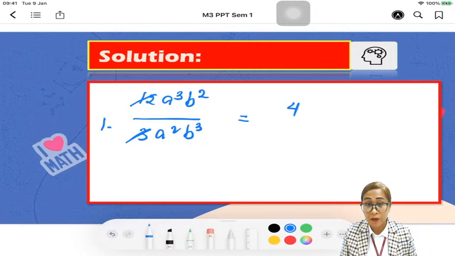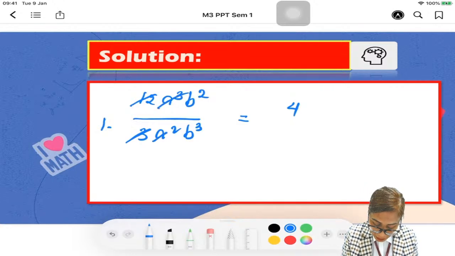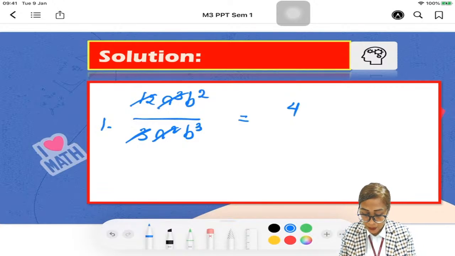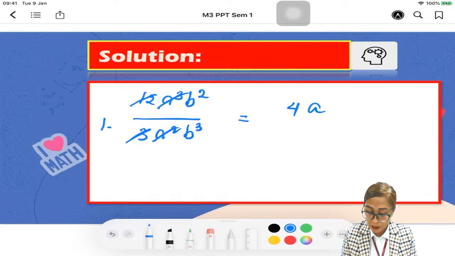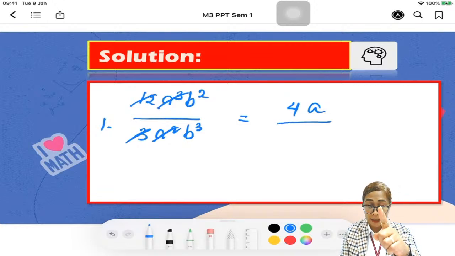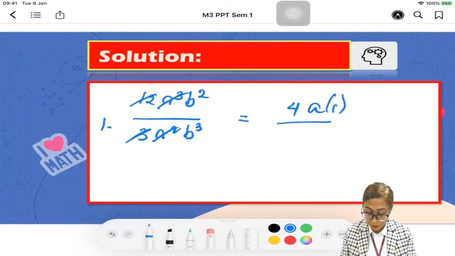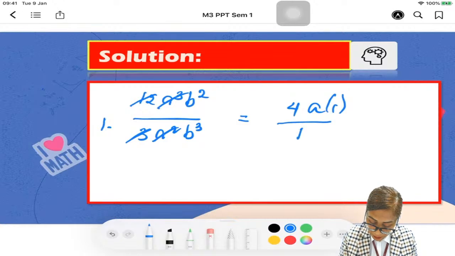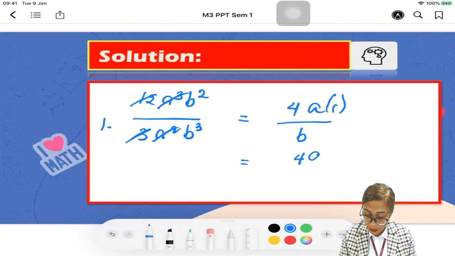If you answered it correctly, good job. Next, a cubed divided by a squared, the answer is a. b squared divided by b squared is 1, and b cubed divided by b squared is b. The answer would be 4a over b.